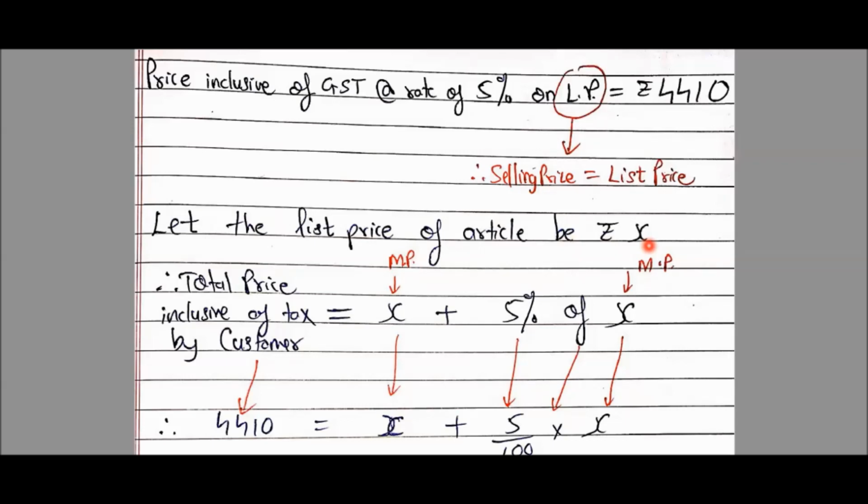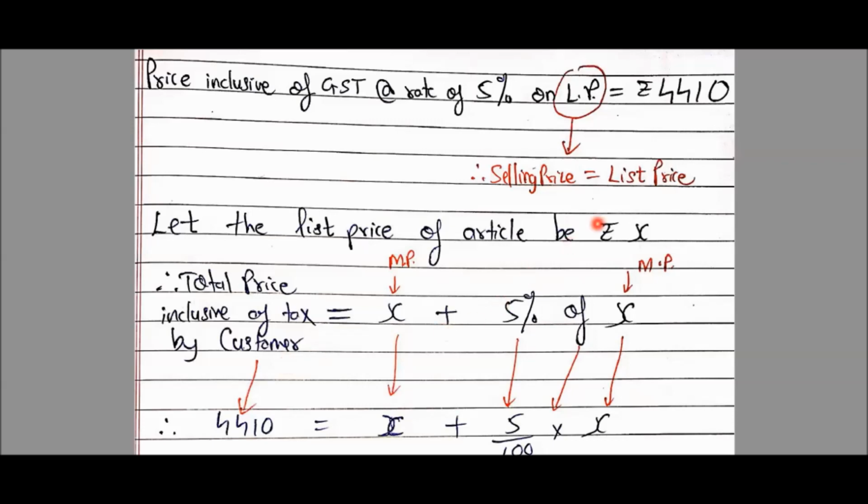Students, the sum is very simple. Can I say therefore the total price inclusive of tax paid by the customer? How much total price will the customer pay? Selling price plus the tax.